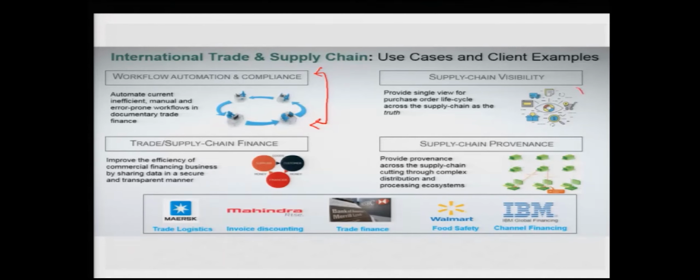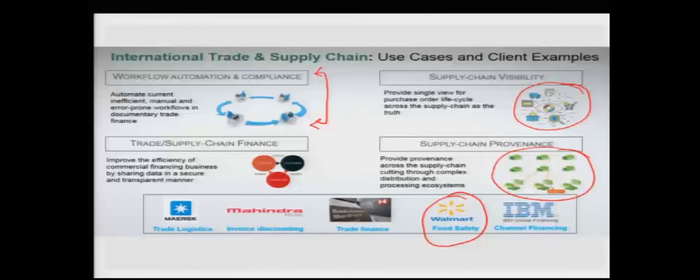Supply chain visibility and supply chain provenance, right? So the supply chain is often like, for example, in Walmart, the food that comes from many different sources. Meat gets packaged by various companies at various plants, and they get supplied to Walmart in their grocery section.